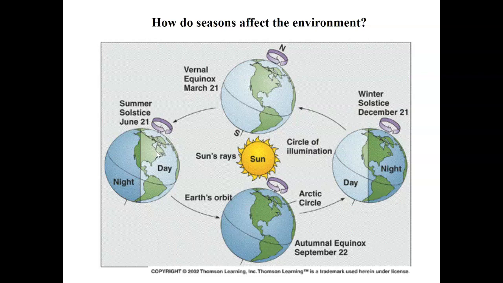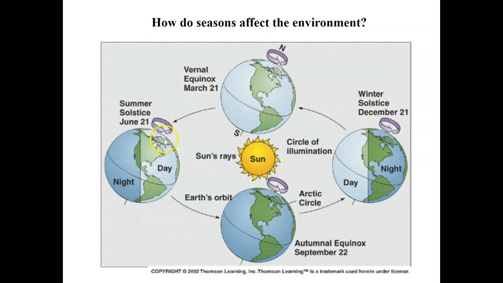And so that means that they're going to have longer daylight in the summer, more access to the sun. The days are much longer in the summer, and then the days get shorter, the nights get longer in the winter, again because of the tilt of the Earth's axis.